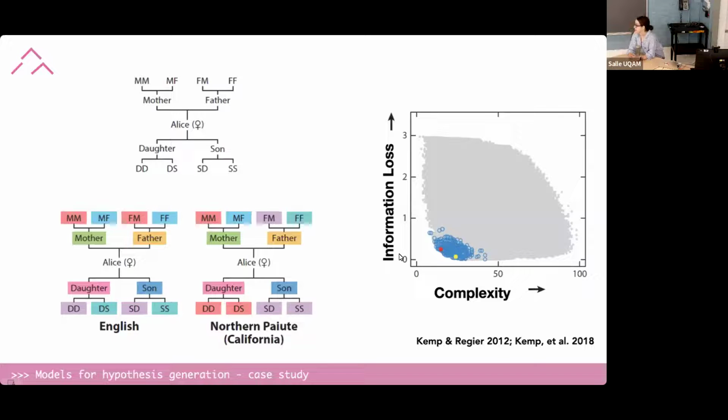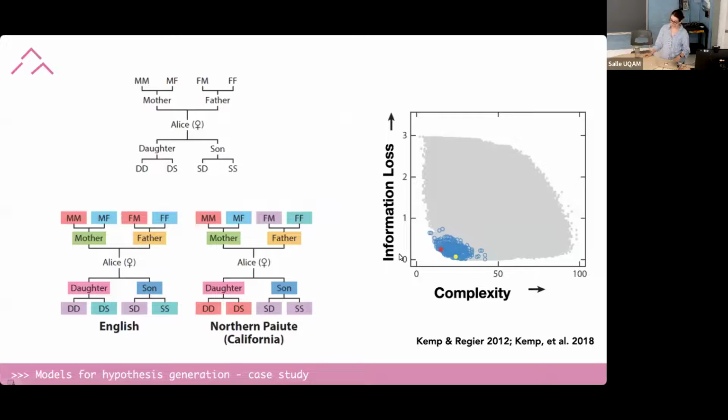Whereas in Northern Paiute, they do make that distinction. And so Northern Paiute has a slightly more complex kinship naming system. But if we plot where Northern Paiute is yellow and English is red, both fall along this Pareto frontier where they don't lose any information in terms of the communication they have.